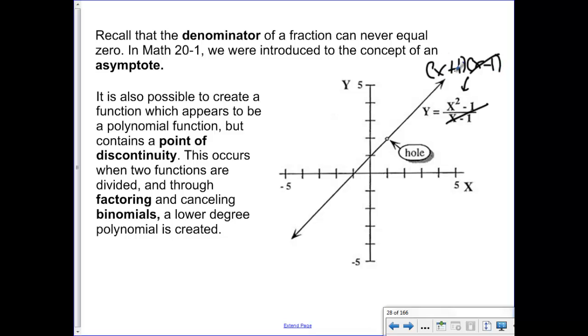Well, x plus 1 is a nice straight line, with one exception. You can't plug in 1 on the bottom here. So there's literally what we call a hole in the graph. There is only one number that doesn't work, the number exactly 1. 1.01 works. 1.02 works. That makes sense? But literally just one number is not possible to use. 1.00000 is the only number that we can't use.